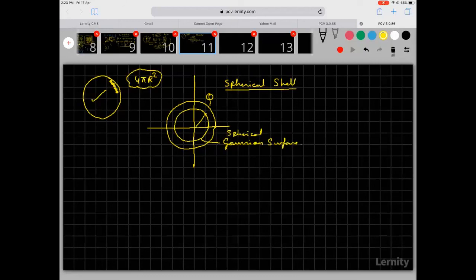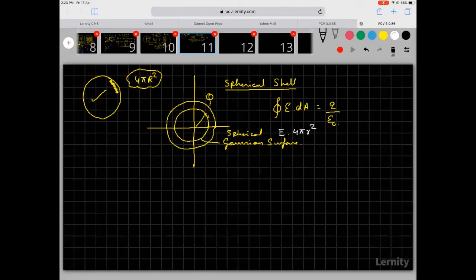Now this Gaussian surface is where I'm going to apply my Gauss law. So according to Gauss law, integral E dot dA is equal to Q by epsilon naught. So I'll have E taken outside. Area is 4 pi r squared.